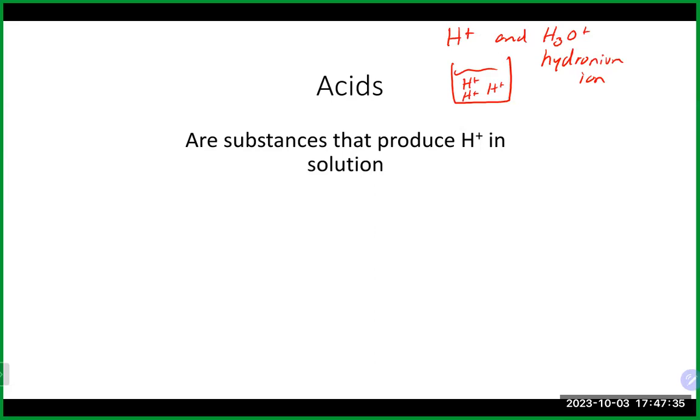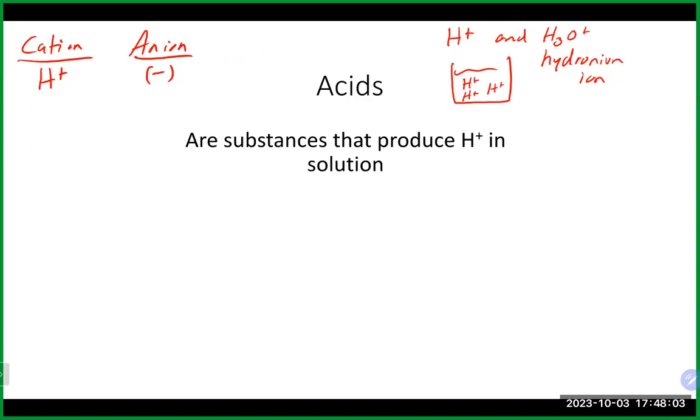When they go into solution, they're able to release that H+, which produces ions, like we just looked at with H2CO3, which can release one H+ and make HCO3-. So the cation in all acids is H+, the positive guy in all acids. The anion is some type of negative ion, obviously.